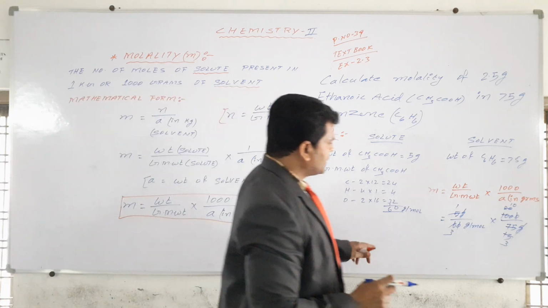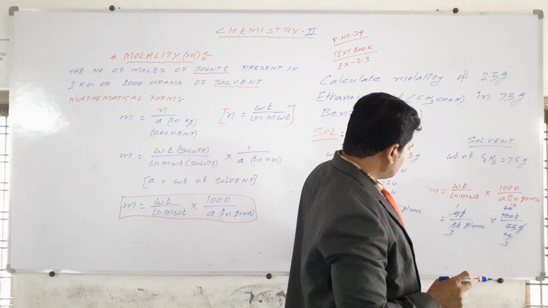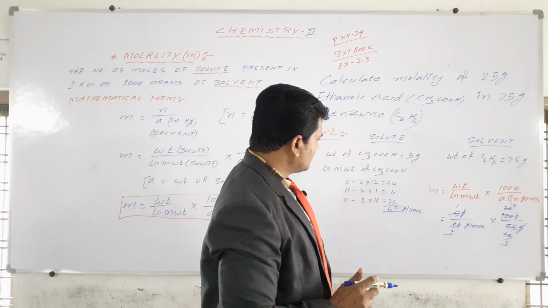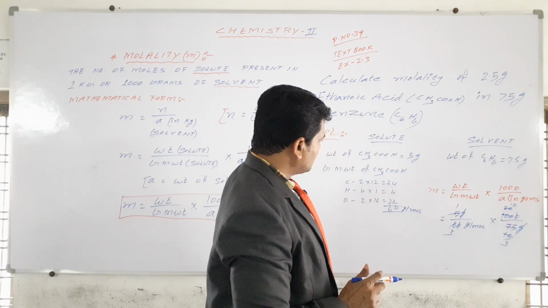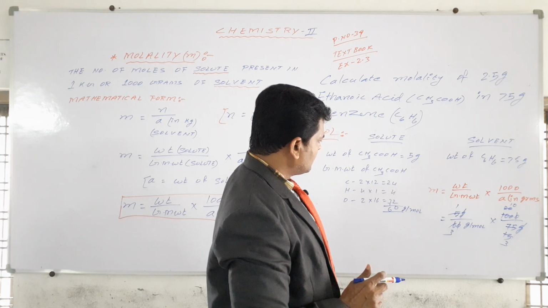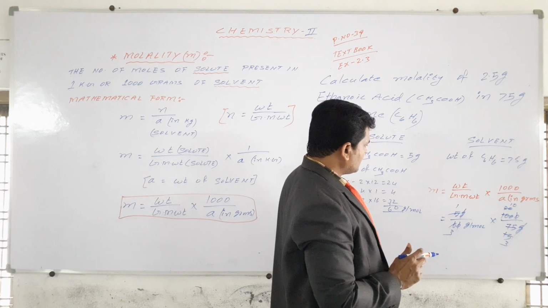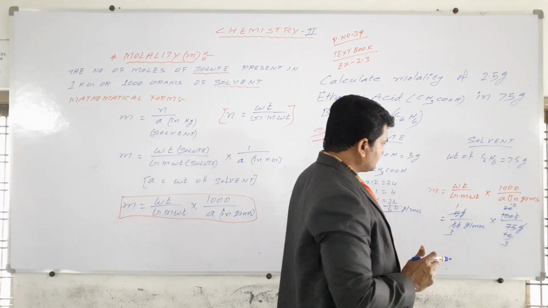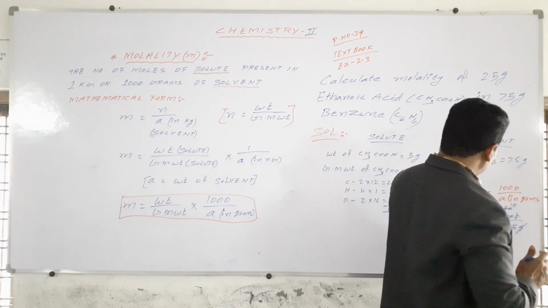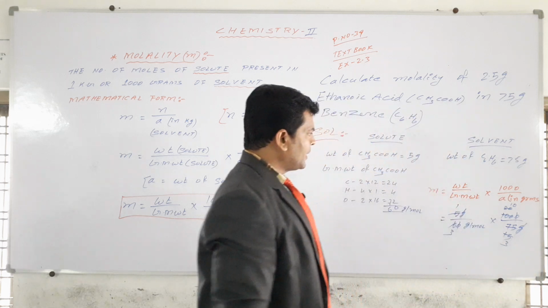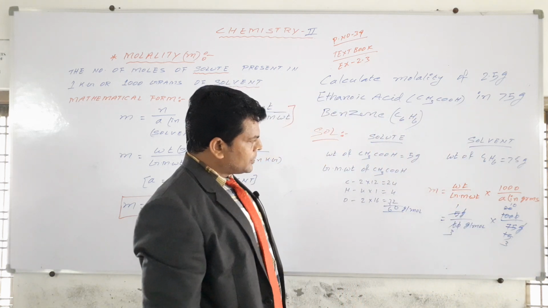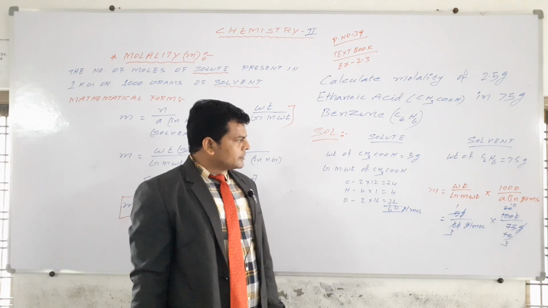So 10 by 3 threes are 9. 10 by 9, you have to simplify and give the answer.